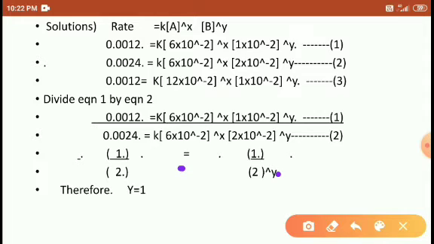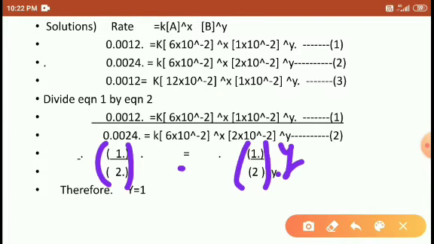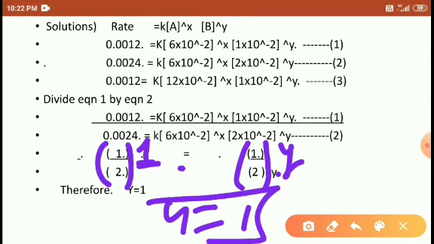Both values are equal, so the power is 1, which means y is equal to 1. Understood, students?